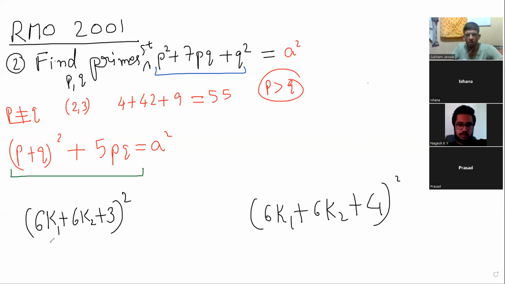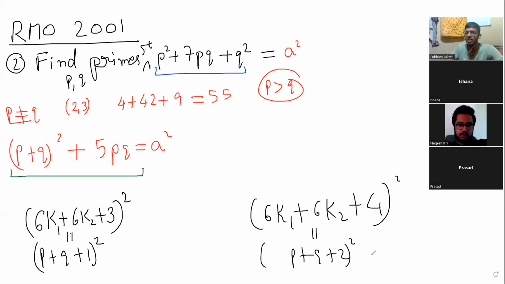What you are just saying is this is (p plus q plus 1) whole square, right? Comparing it with what I was doing, this is that, and this is (p plus q plus 2). I don't think so, because we already did sort of. We didn't get any. Sir, if we use the fact that PQ will always be greater than P plus Q.